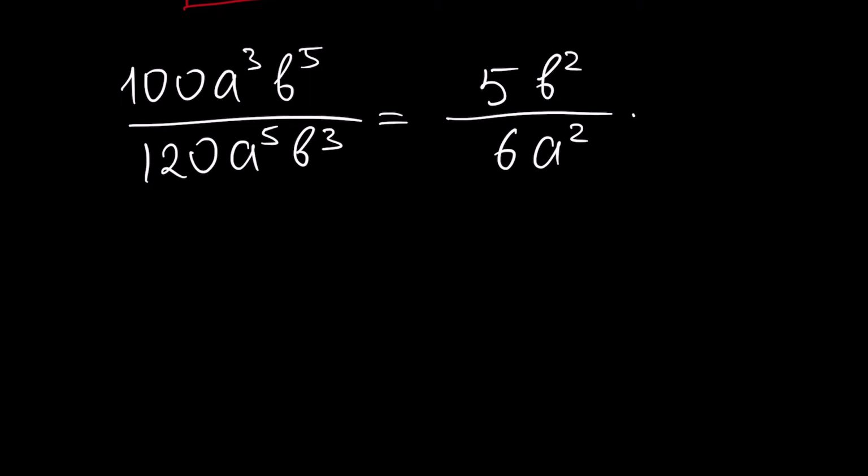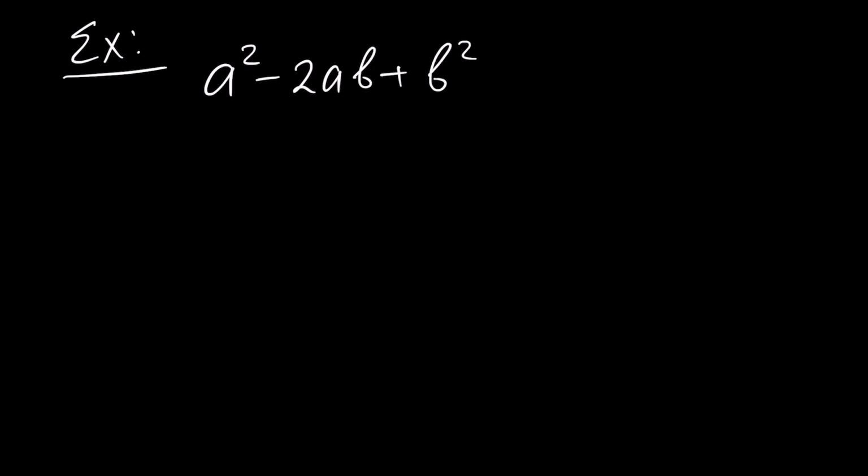That's all. As we already noted in the previous tutorial, factorization is very important when we want to reduce our fraction. Let's give an example of reducing a fraction after factorization of numerator and denominator. Assume we have a fraction a squared minus 2ab plus b squared divided by a minus b.